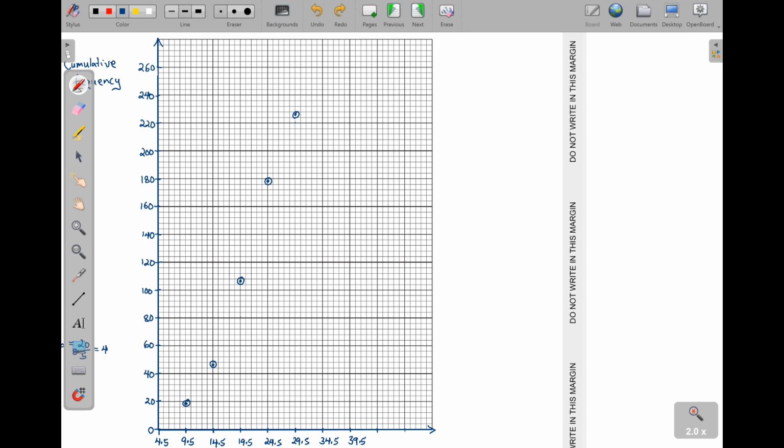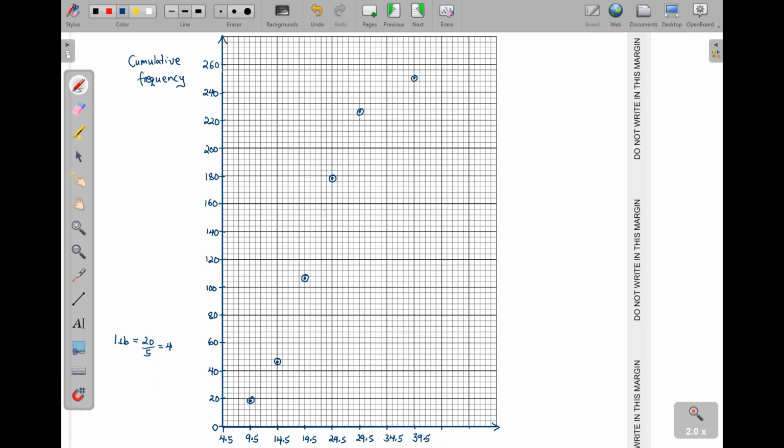So that means I'll add on from here 2, then 0.5. So it has to be around here. It is actually in the middle of 240 and 260. Then I join these points to form a smooth curve. We try to produce a smooth curve.